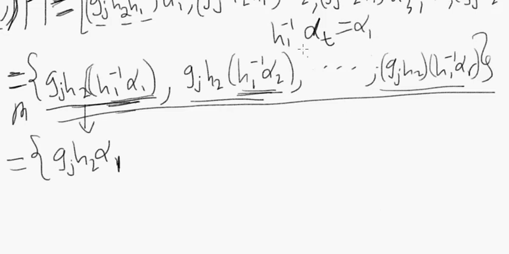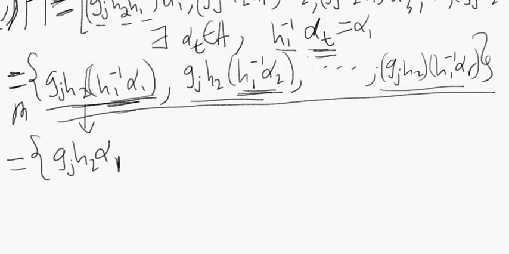Because all we're saying is that if you multiply H1 inverse by all the elements of H, which happen to be alpha 1, alpha 2 up to alpha r, what we end up with is just a permutation of H, which means there exists some alpha t, an element of H, such that H1 inverse alpha t equals alpha 1. And this is true for all of them.